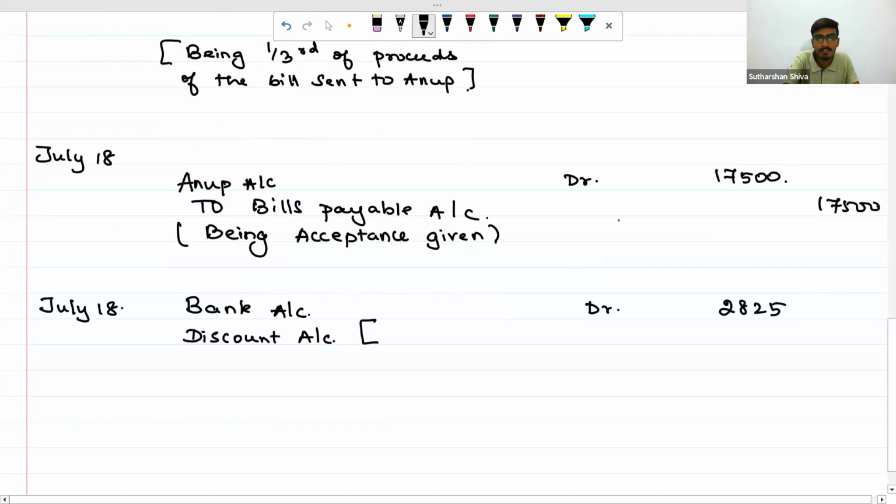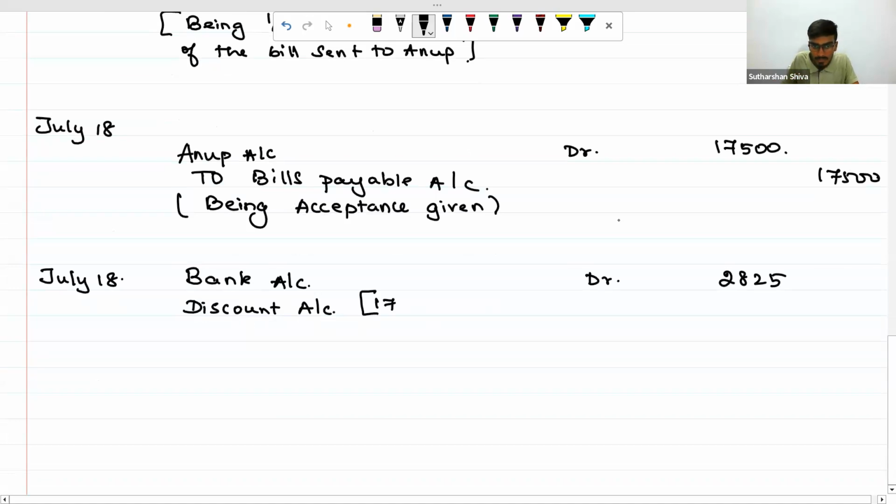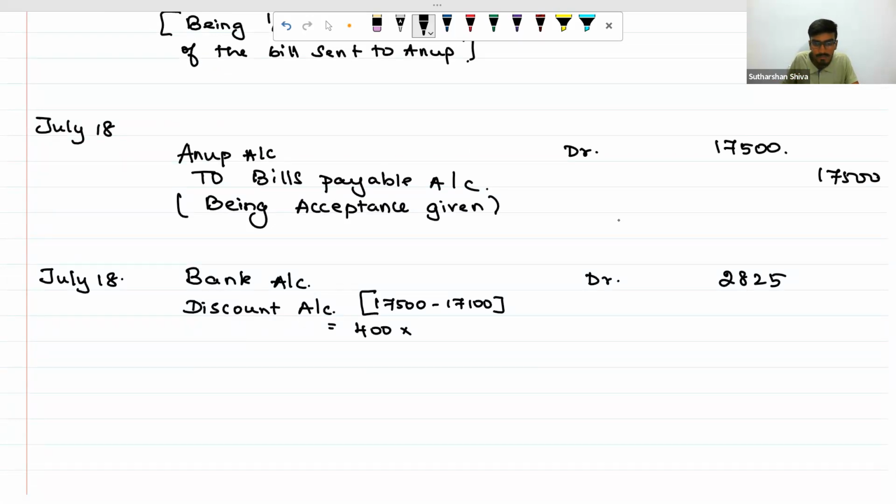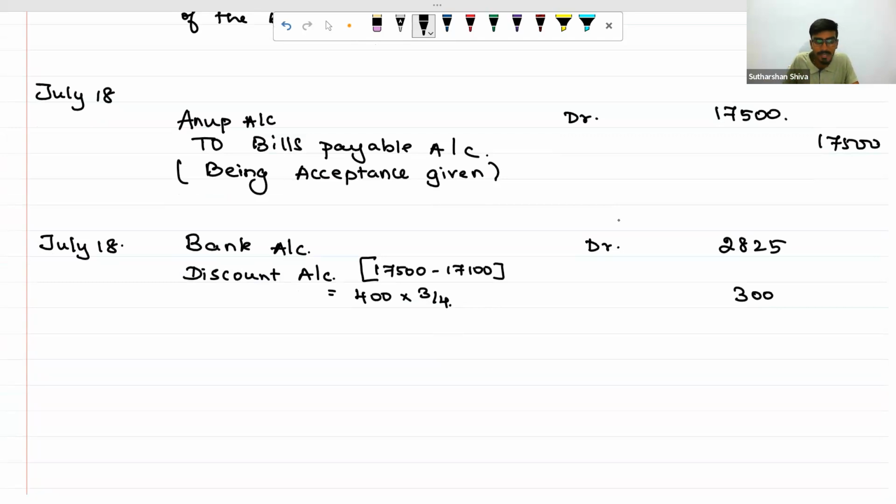What is the difference between 17,500 minus 17,100? It is equal to 400. On that 400, we will take a proportionate value into 3/4. Your proportionate value will be 300, and we will write to Anup account, because from Anup account only we are getting our values, and it will be 3,125.